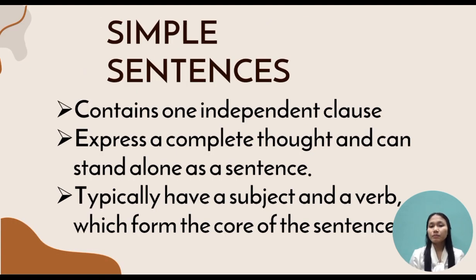A simple sentence contains one independent clause, which expresses a complete thought and can stand alone as a sentence, and it also typically has a subject and a verb, which form the core of the sentence. The subject is the one being talked about in the sentence, and the verb is the action taken by our subject.